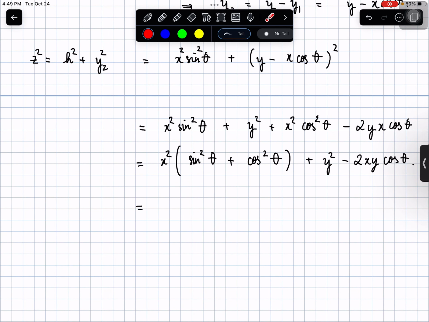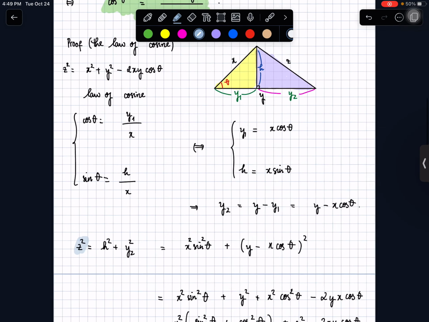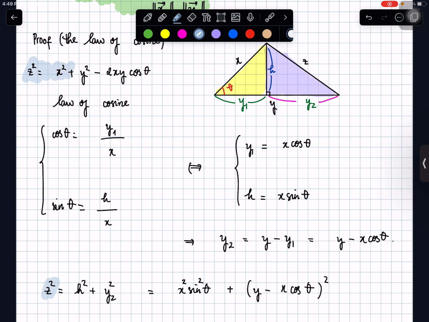And because sine squared plus cosine squared of theta is 1, this gives us x squared plus y squared minus 2 times x times y times cosine of theta, which is exactly the same as the law of cosines formula we needed to prove. Okay, so we are done.